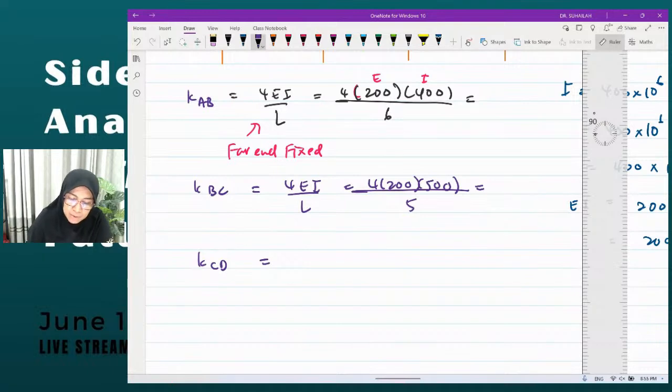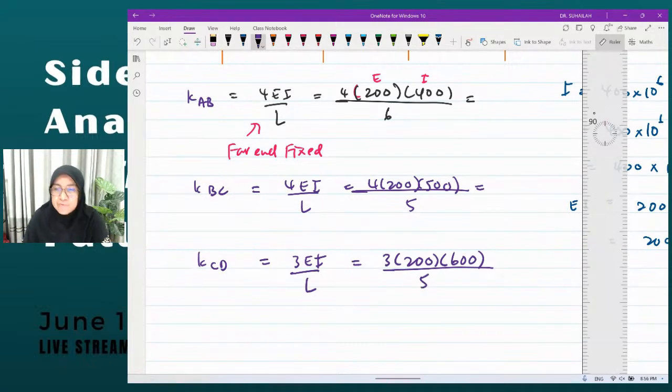So the formula used should be 3EI over L. This is 3 times 200 times 600 divided by L, which is 5.